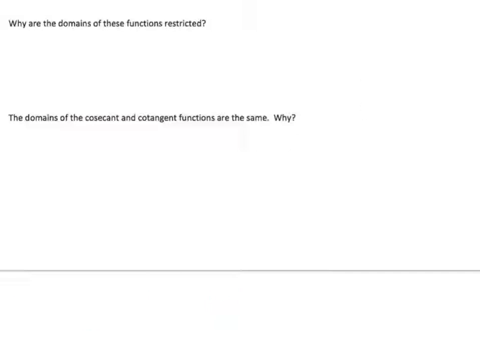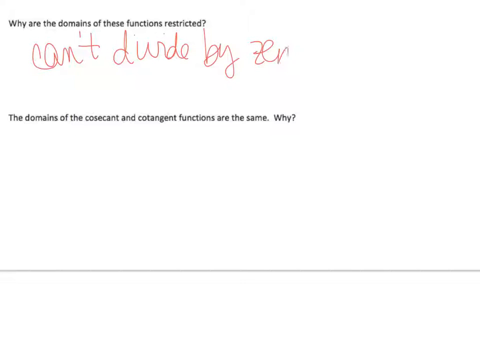Okay? Why are the domains of these functions restricted? Same reason as everything is restricted. We can't divide by 0. And because we can't divide by 0, anything that would give us a 0 in the denominator would be a restriction. The domains of the cosecant and cotangent functions are the same.